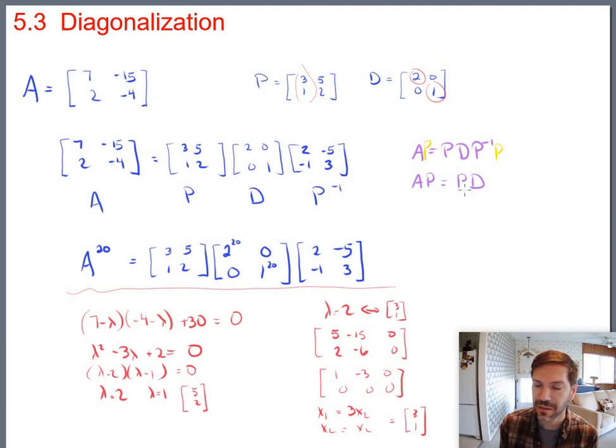Keep in mind that P is the eigenvectors and D is the eigenvalues. And that's exactly what should happen: multiplying the eigenvector by A should be the same as multiplying the eigenvalue times the eigenvector. And that's what we've got here, the matrix times eigenvectors equals eigenvectors times eigenvalues.